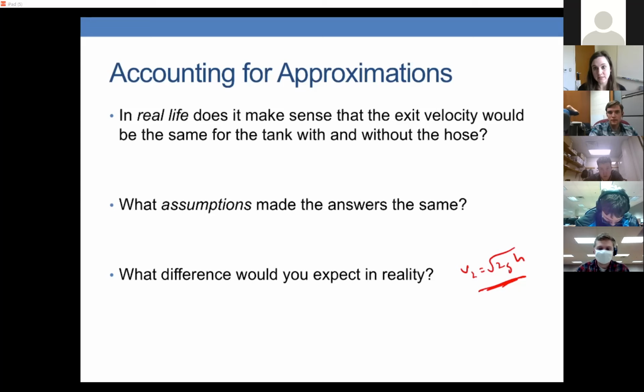Because you'd lose energy, right? So you're going to have less kinetic energy coming out the end there than you would otherwise. And you should be able to account for lots of approximations that way, just with common sense. On Monday, we will be talking about the mechanical energy equation, taking into account pumps and turbines and friction.